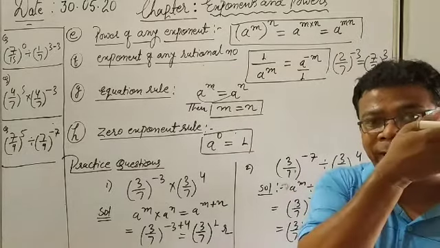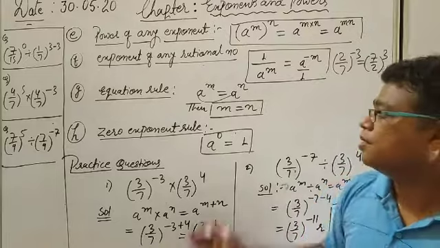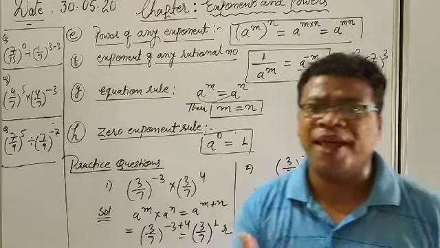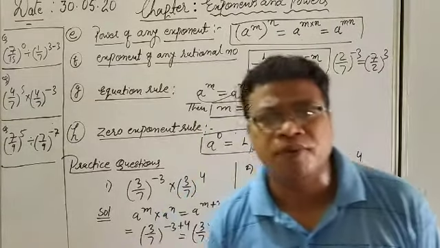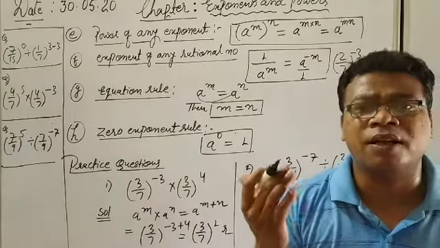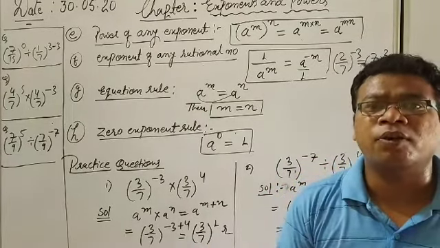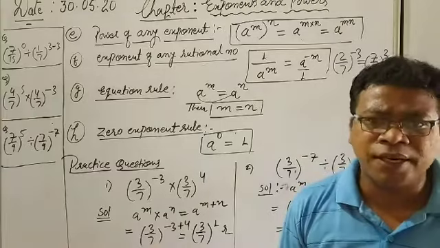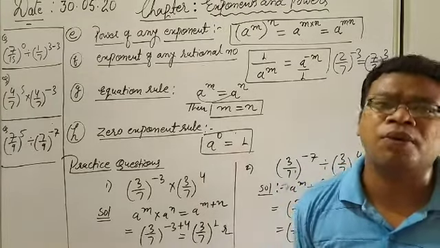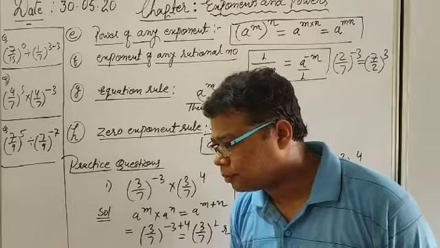In short, this rule says that if exponentials are written in equational form with a common base, then their exponents should also be equal.